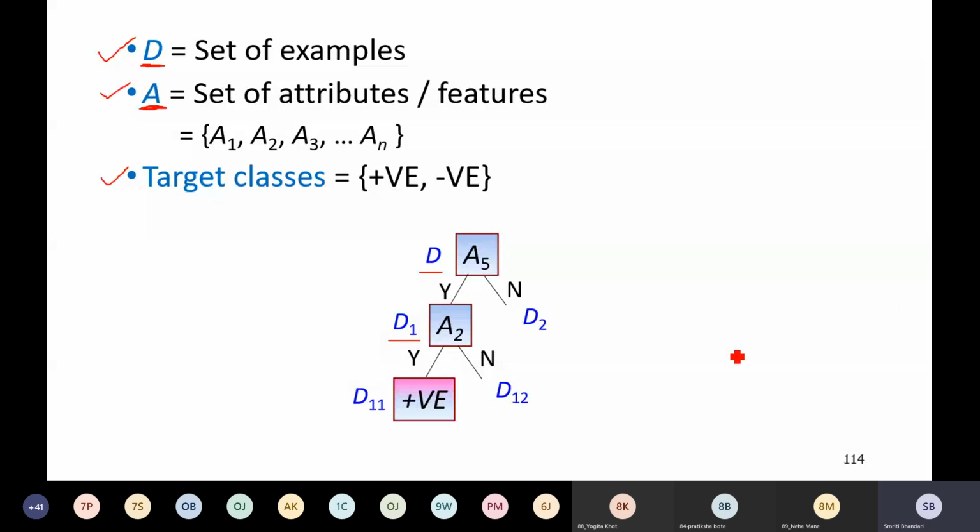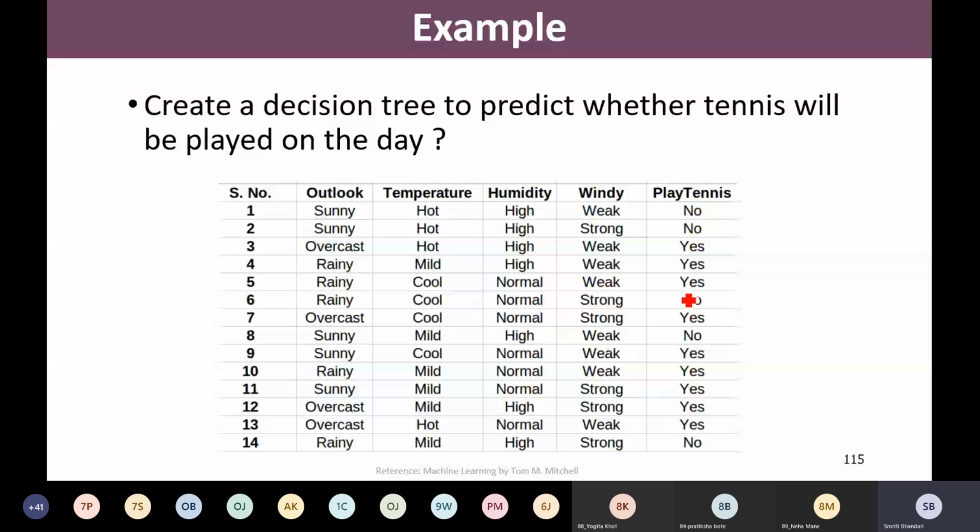So let's proceed with the example that we are going to solve next by applying our algorithm for the decision tree. Now, let us assume that we have this example.